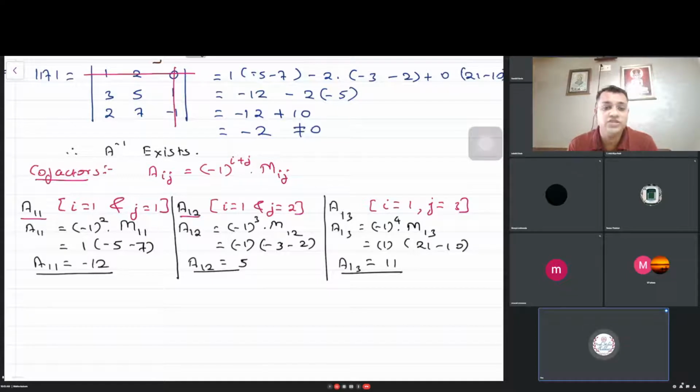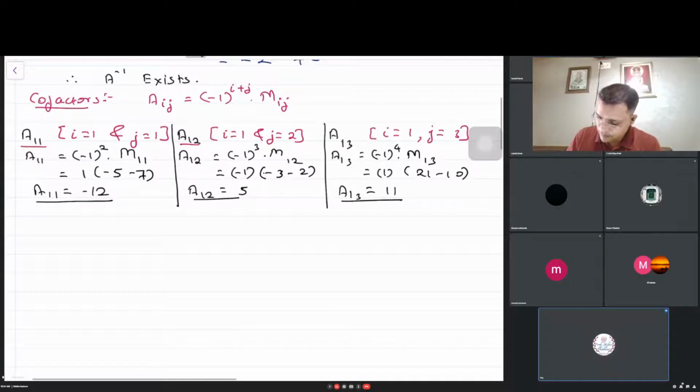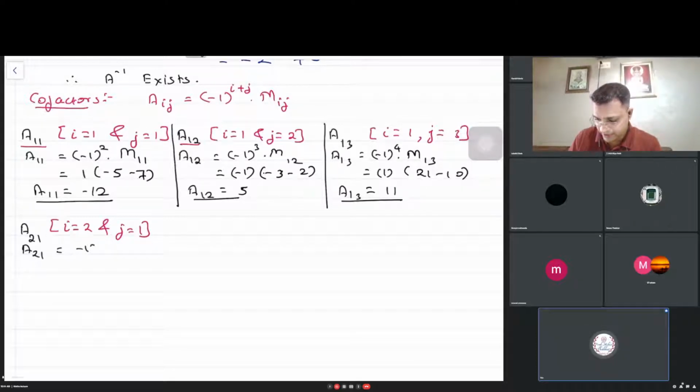Now this procedure has to be repeated for the second row and the third row. Let me once again do the same thing for the second row as well as third row. I will write over here A21. So in the bracket, I have to write i is 2 and j is 1. So carefully, if I want to find A21, it is minus 1 to the power 2 plus 1, that is 3, multiplied by M21.